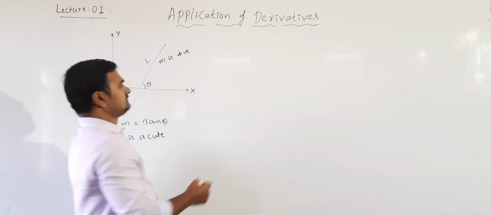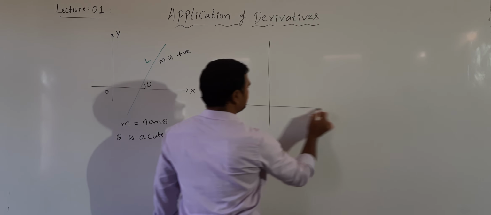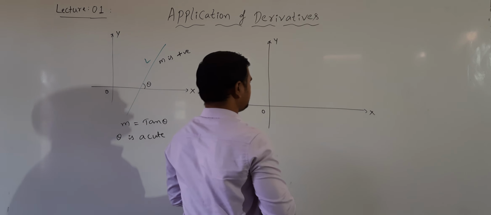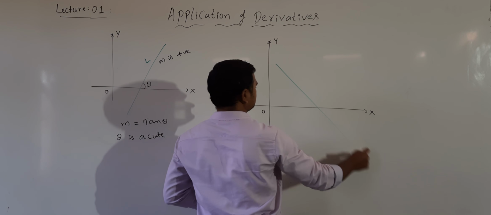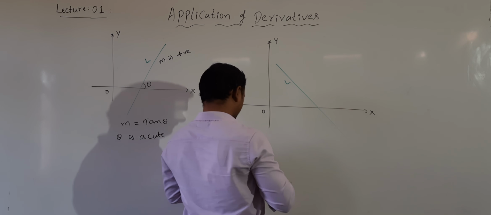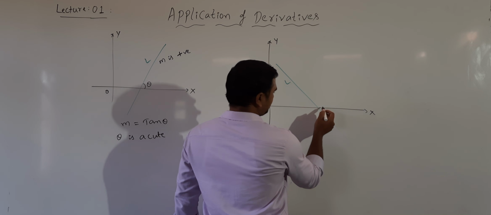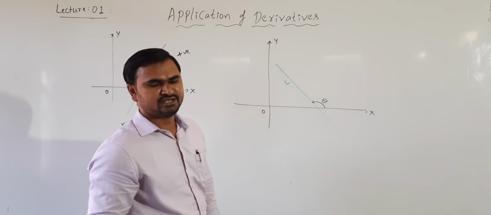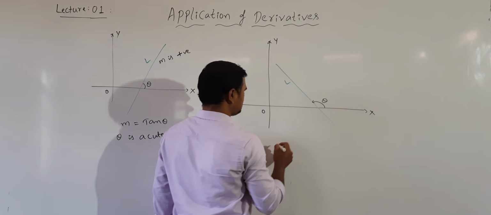Next, if it is making an obtuse angle with the positive direction of x-axis, suppose the line is like this, which makes the angle theta. Here theta is more than 90, so theta is obtuse.